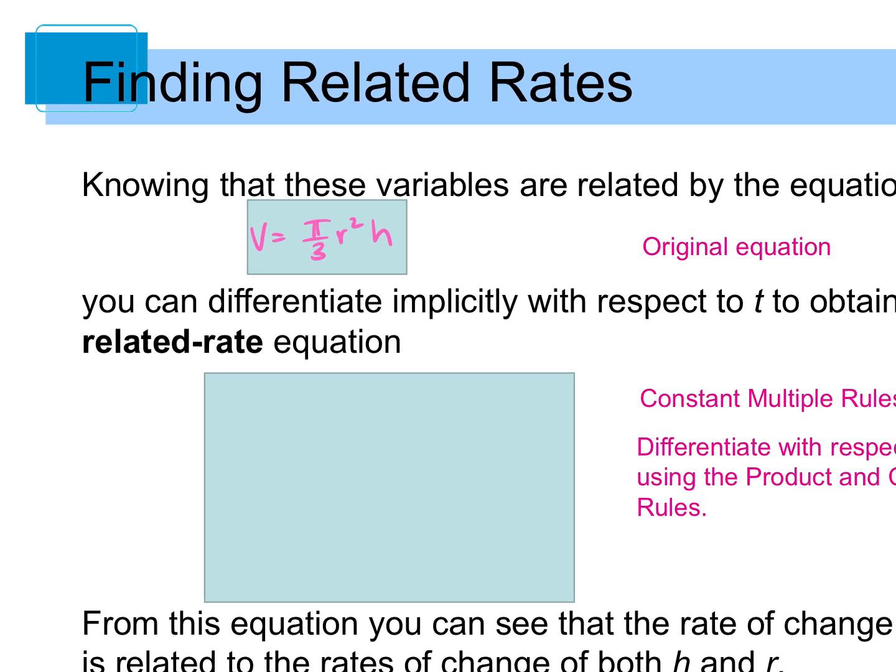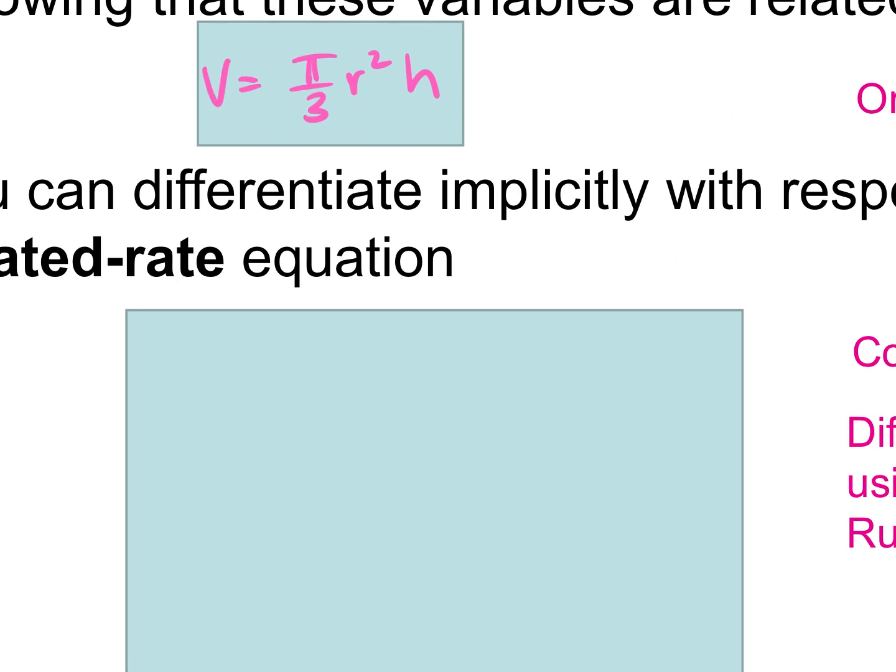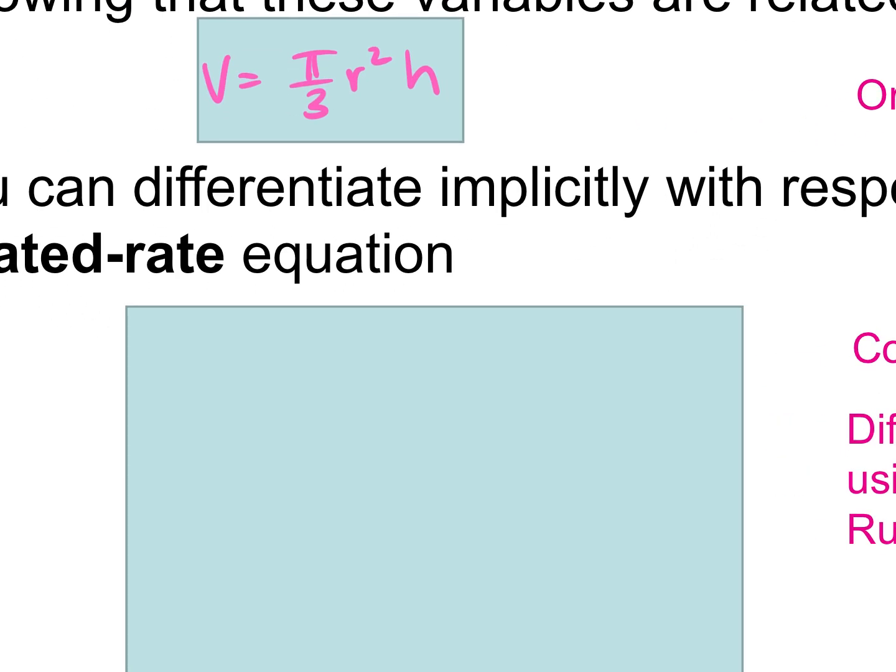You can differentiate implicitly with respect to t to obtain the related rate equation. So if I took the derivative of this, we'd have to take the derivative of each variable with respect to t. So the derivative of V would be dV over dt, is equal to, that pi over 3 is just our coefficient, so I'm going to leave that out front. And then we have r squared times h.